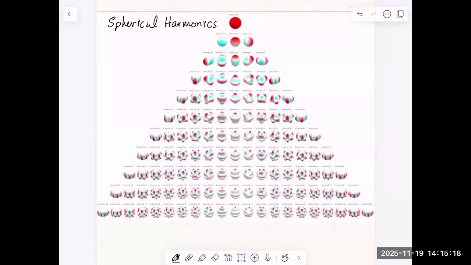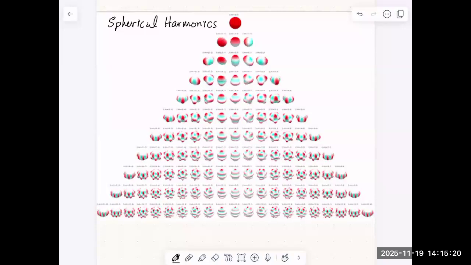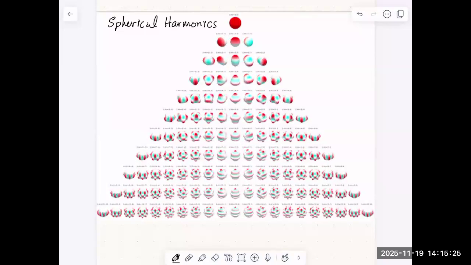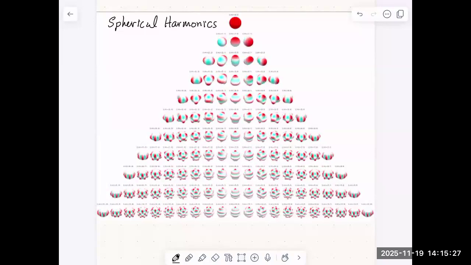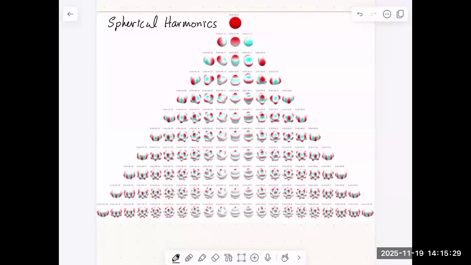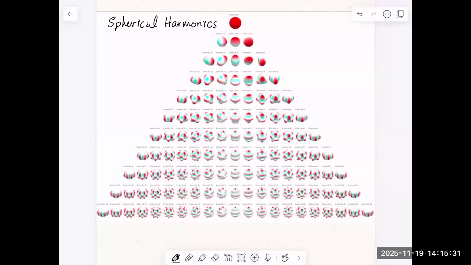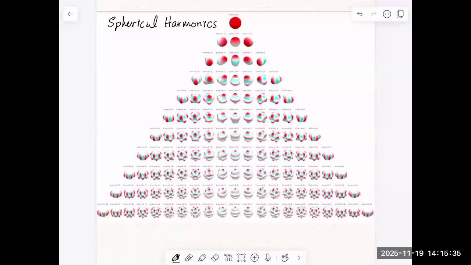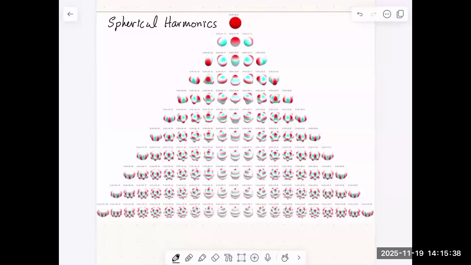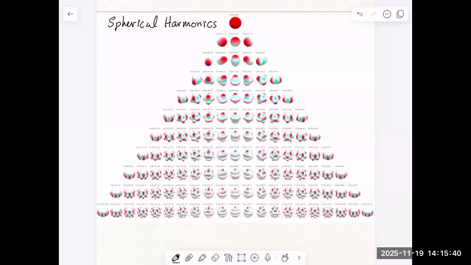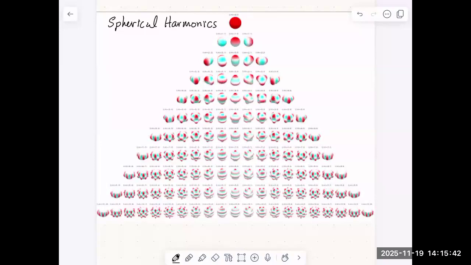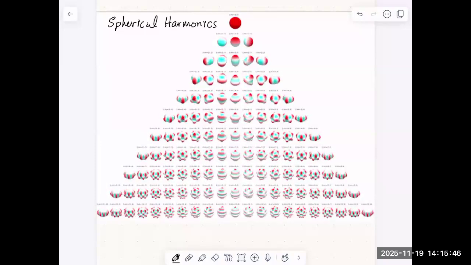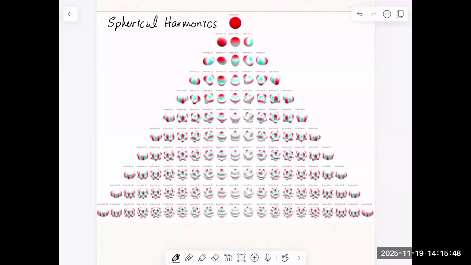Okay, so if we look at the top one, that's L equals 0, there's 0 nodes. If we look at the second row, that's L equals 1, there's one white band around the circumference. That's one node. If we look at L equals 2, you see that there's two white bands, and there's going to be two nodes. So we also get increased number of nodes as we increase L.